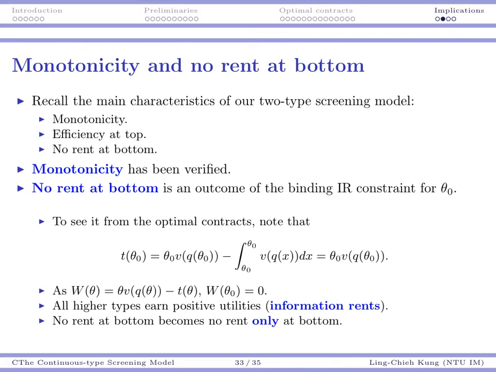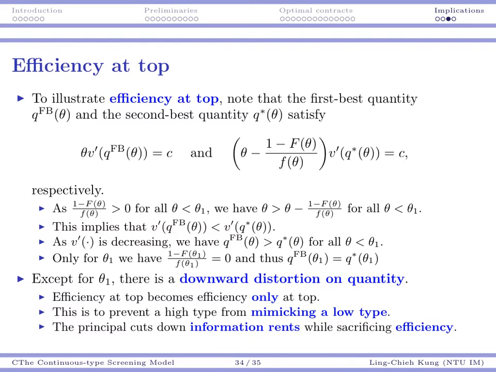We only know that the low type has no rent, the high type has rent. We don't know what will happen if we have more than two types. Now we can answer this question. When you have more than two types, for example a continuous type, then only the lowest type has no rent. So we have no rent only at bottom.